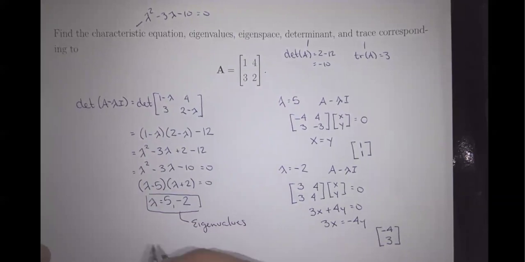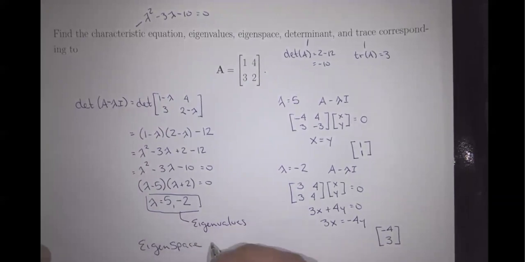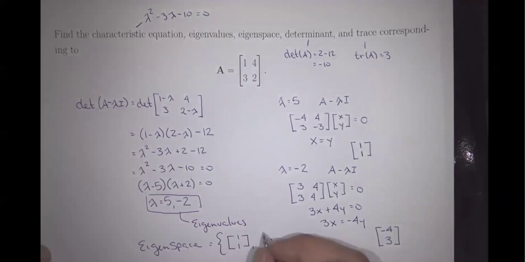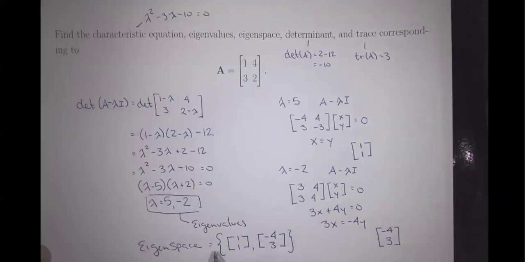Our eigenspace is given by the set of vectors 1, 1 and negative 4, 3. And really, it's the span of these.